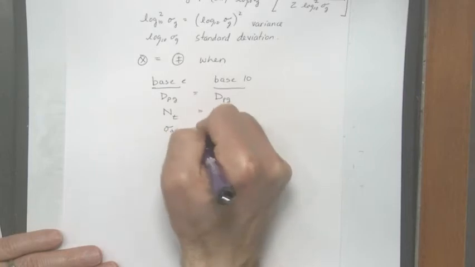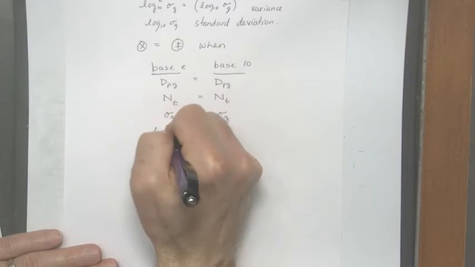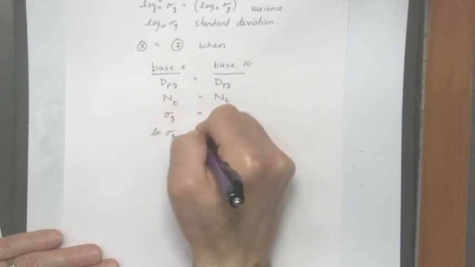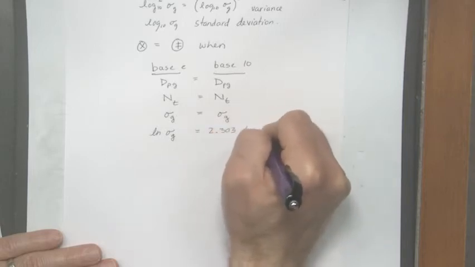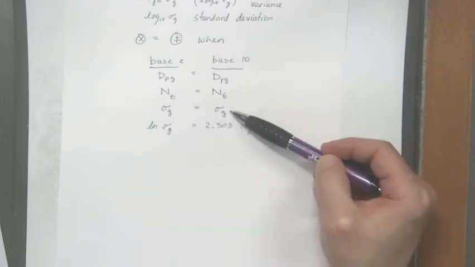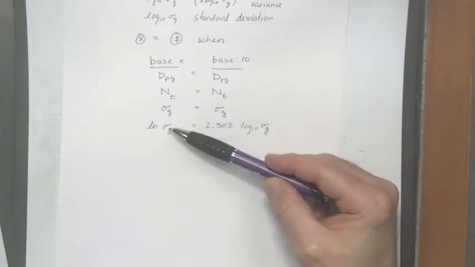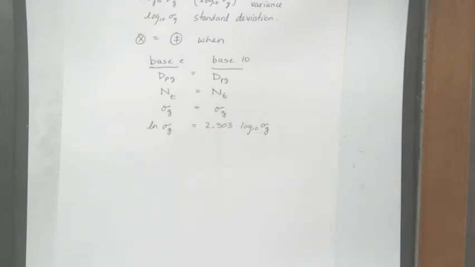Sigma g is the same. And ln of sigma g is equal to 2.303 log 10 sigma g. So sometimes people will report sigma g, sometimes they'll report the logarithm of it. And so you just have to watch for that.